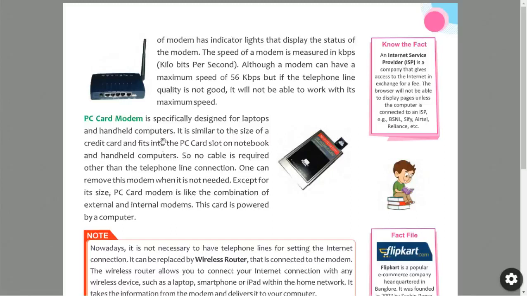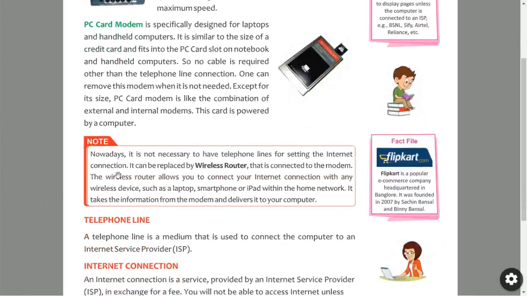External modem is placed on a table or outside the CPU. Here it is a combination, means whenever you are using it you can insert it inside, and whenever you are not using it you can remove it. So that is a combination of both internal and external modem. This card is powered by a computer, and here one note is given.